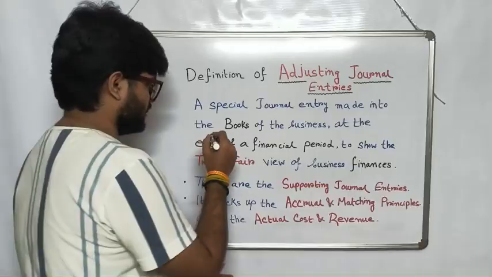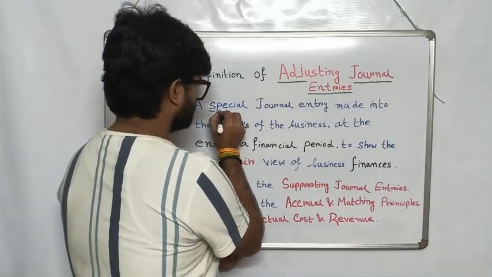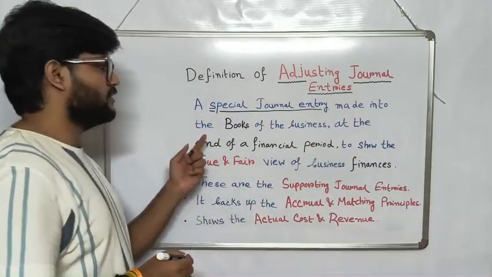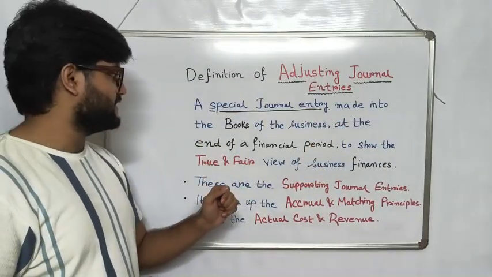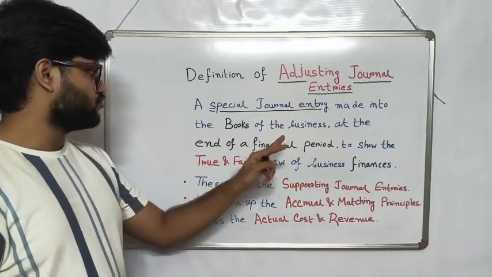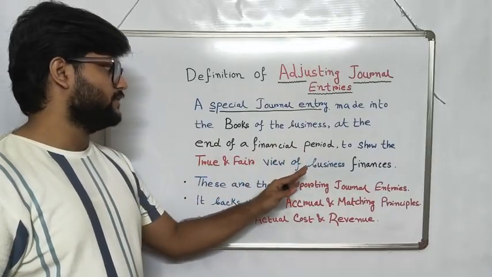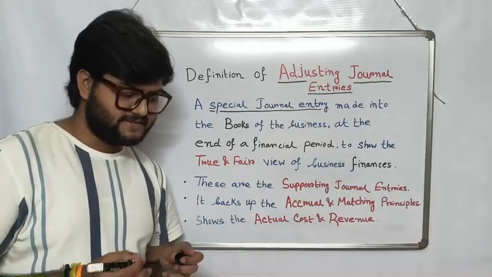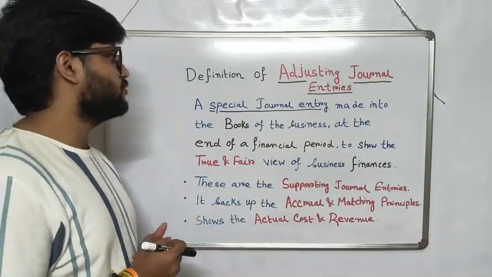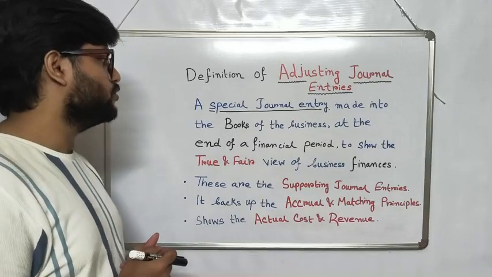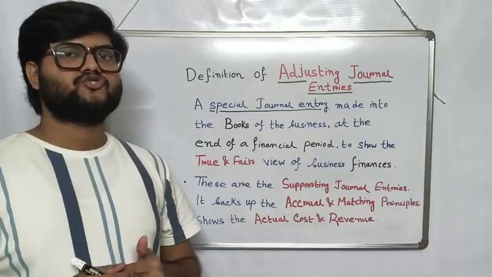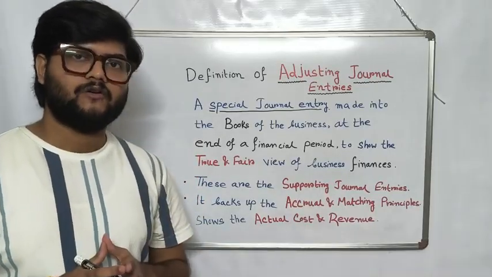A special journal entry, I'm highlighting this, a special journal entry made into the books of accounts of the business at the end of a financial period, to show the true and fair view of the finances of the business. That is, these are the special types of journal entries that we are doing in our books at the end of a financial period so that we can show the true and fair view of the business.